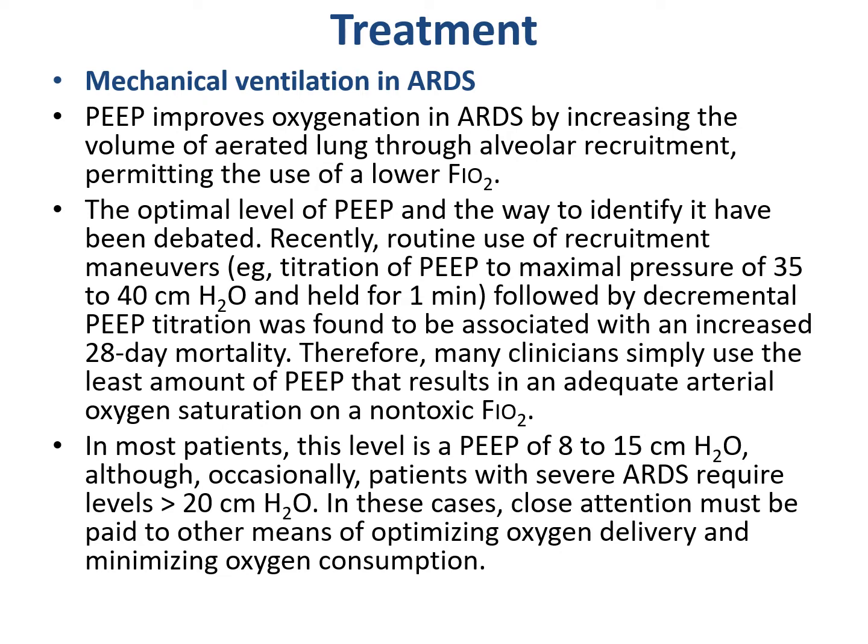Therefore, many clinicians simply use the least amount of PEEP that results in an adequate arterial oxygen saturation on a non-toxic FiO2. In most patients, this level is a PEEP of 8 to 15 centimeters, although occasionally patients with severe IRDS require levels more than 20 centimeters. In these cases, close attention must be paid to other means of optimizing oxygen delivery and minimizing oxygen consumption.